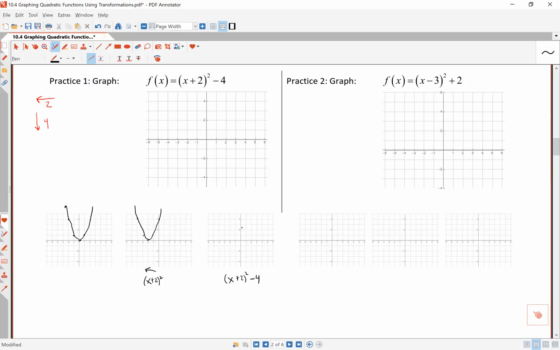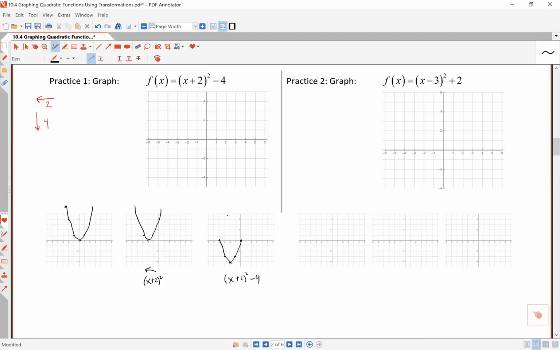So -2, 0 goes down to -2, -4. -1, 1 goes to -1, -3. 0, 4 goes to 0, 0. -3, 1 goes to -3, -3. And -4, 4 goes to -4, 0. So that's what our graph is going to look like.